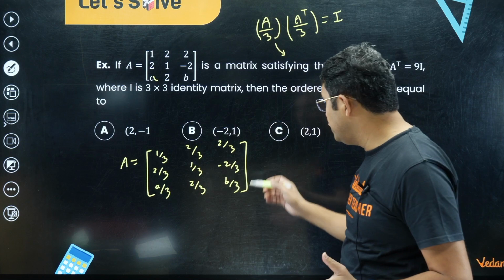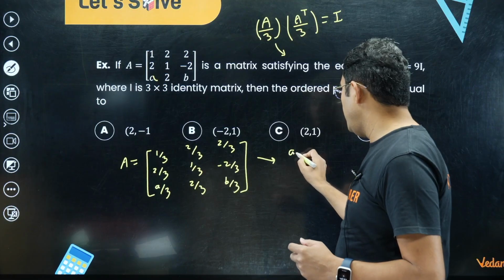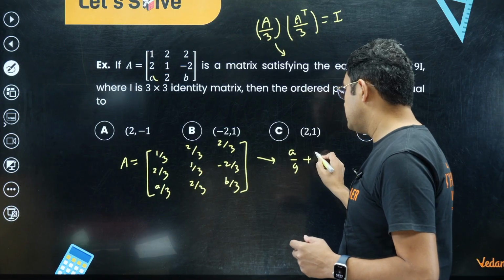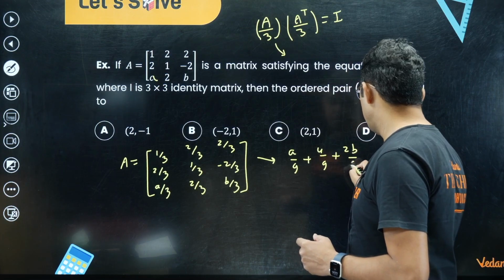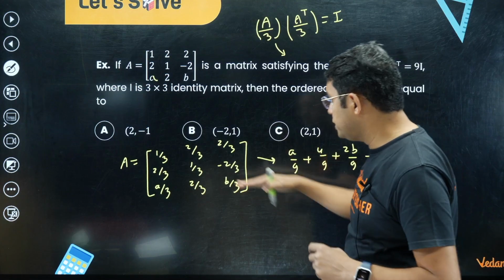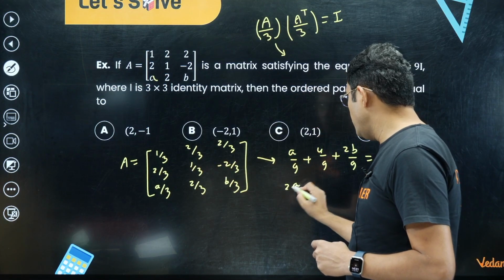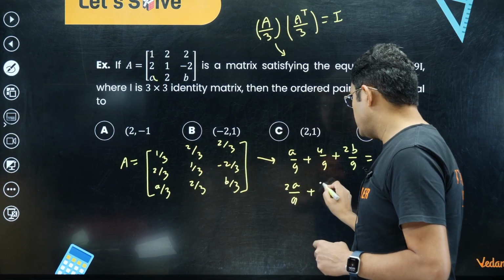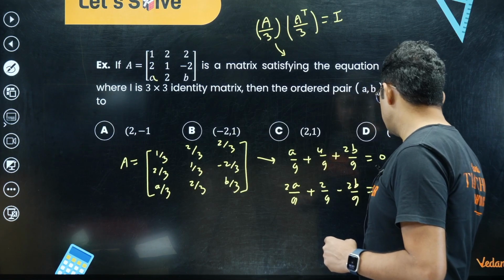That can be done. If I take the dot of the first row with the last row, it will give a by 9 plus 4 by 9 plus 2b by 9 is equal to 0. That is one equation. Similarly, the second row with the third row will give 2a by 9 plus 2 by 9 minus 2b by 9, and that is equal to 0.